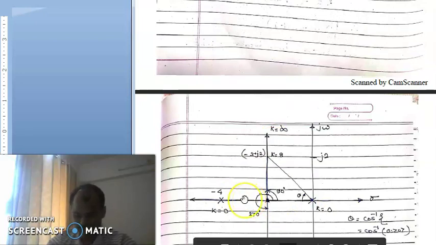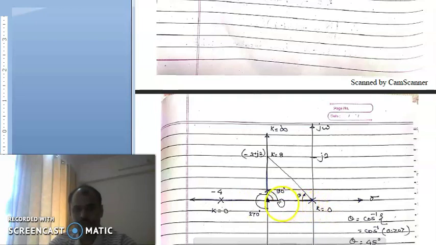Then the breakaway point is s equals -2. It means that the first branch progresses up like this till s equals -2. The other branch comes from this side, and at s equals -2 the root locus breaks.